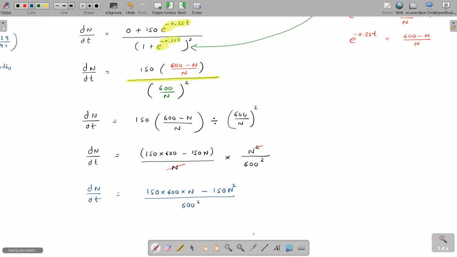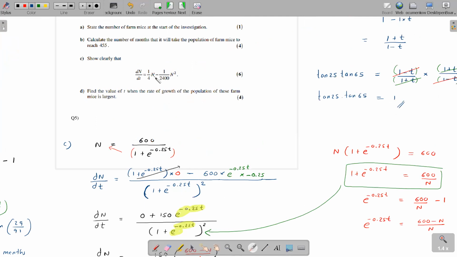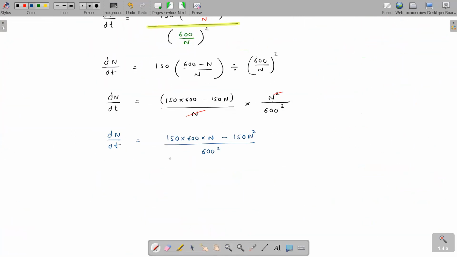I multiplied the n with both these figures: 150 into 600 into n, and 150 n into n is 150 n square. The denominator has 600 square. Now we separate the numerator into both of these parts: 150 into 600 n over 600 square, minus 150 n square over 600 square.